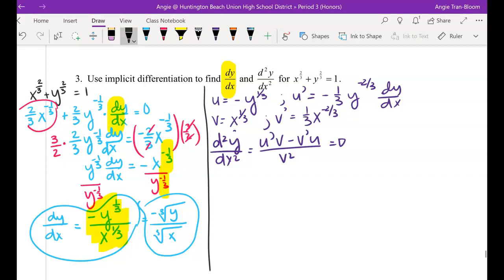So u prime is this whole thing right here, negative 1/3. I'm going to write a lot of steps out, dy dx.